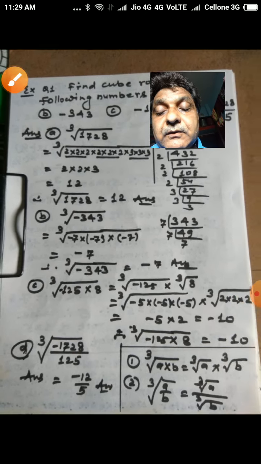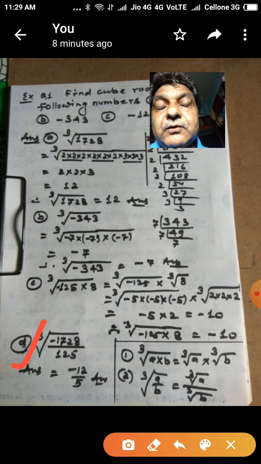Now student, we will see another number whose cube root is to be taken, and the number is in p by q form or a by b form. That is the cube root of minus 1728 by 125. So here we will apply this concept that the cube root of a by b is equal to the cube root of a divided by the cube root of b. Means we can separate the divided numbers also under the cube root symbol.